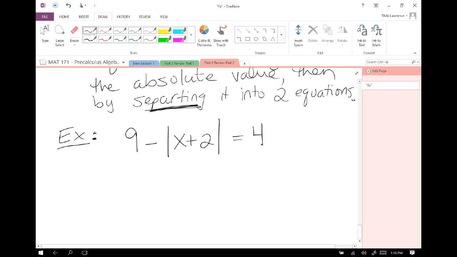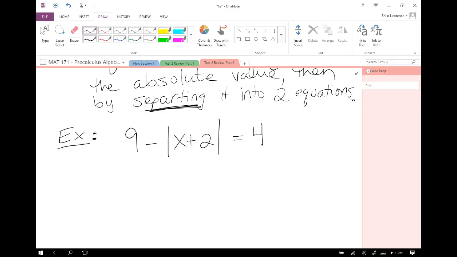So first off, our goal is to fix this. Fix it means turn it into a regular old linear or quadratic equation. Since there's absolute values, the way that we fix it is by isolate and separate.